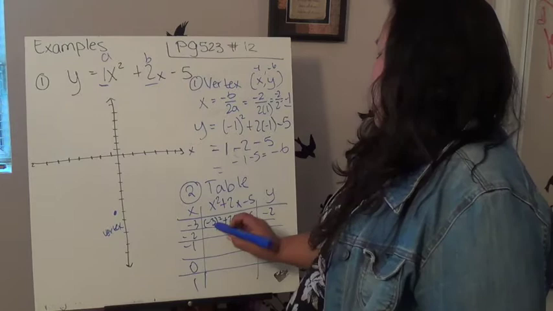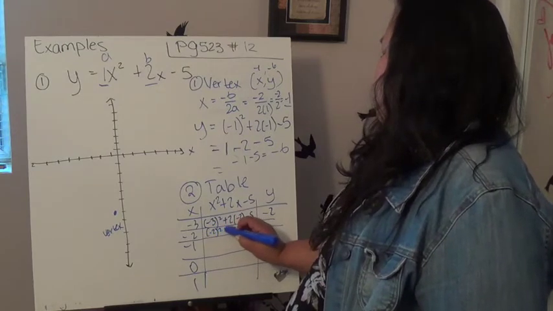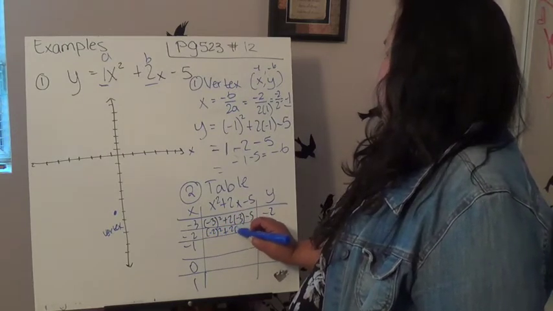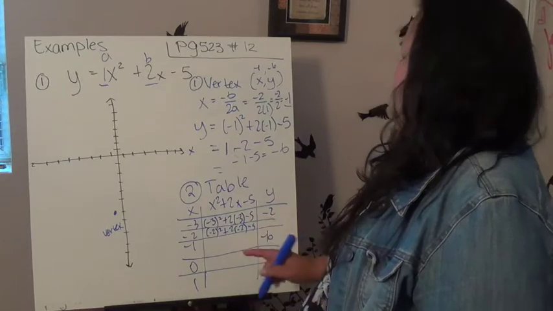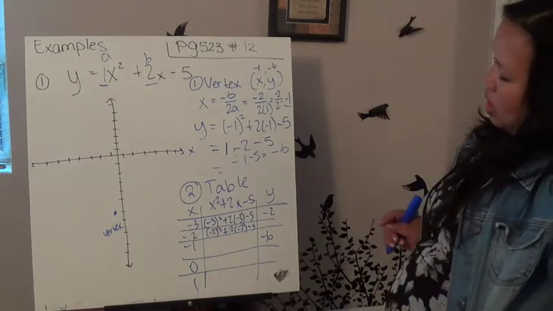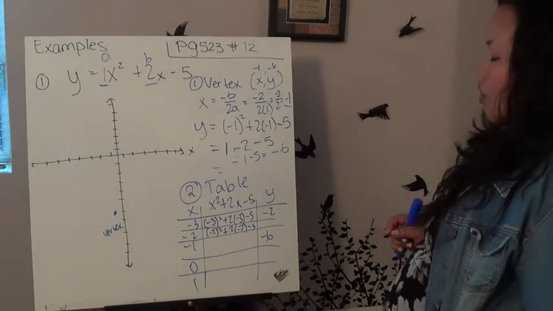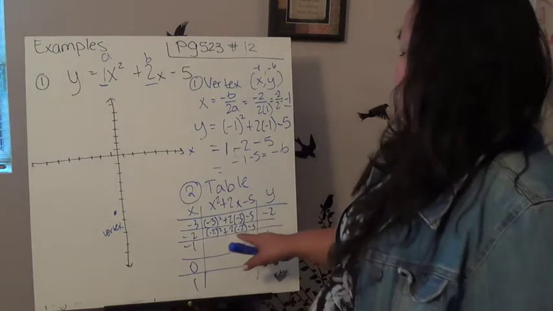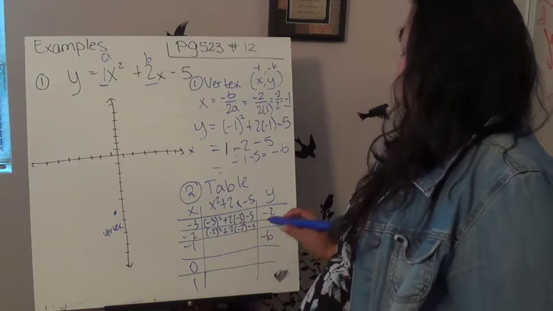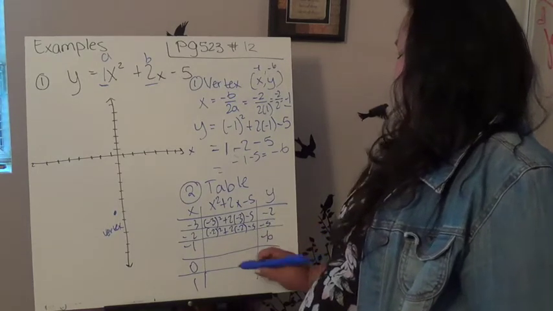Negative 2 squared plus 2 times negative 2 minus 5. Negative 2 squared is, well, negative 2 times negative 2 is 4, minus 4, which is 0. So this is negative 5.